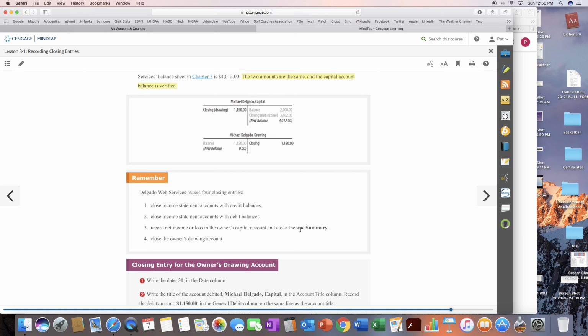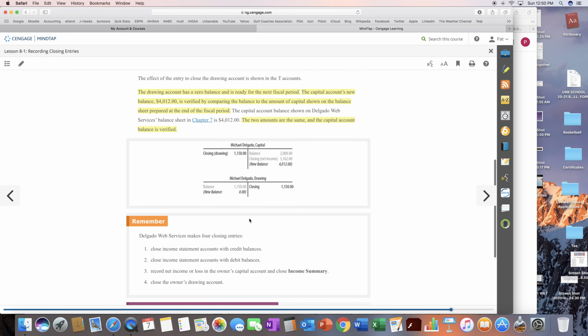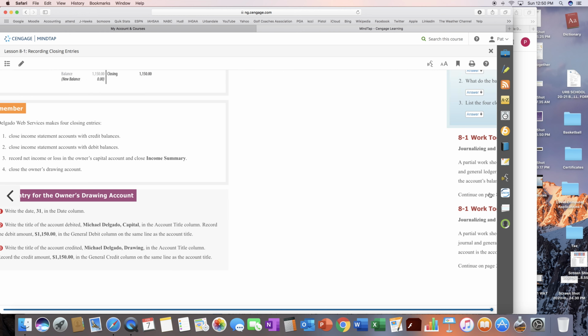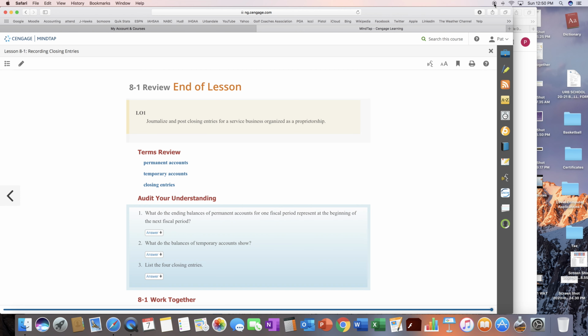If it's a net loss, you would decrease capital by debiting it, and you would credit income summary. And then you always close owner's drawing account, how you did here, with the credit to drawing and a debit to capital. Okay, so the first two and the last one never change. This one is all dependent on if it's a net income or a net loss. That is section 8.1.